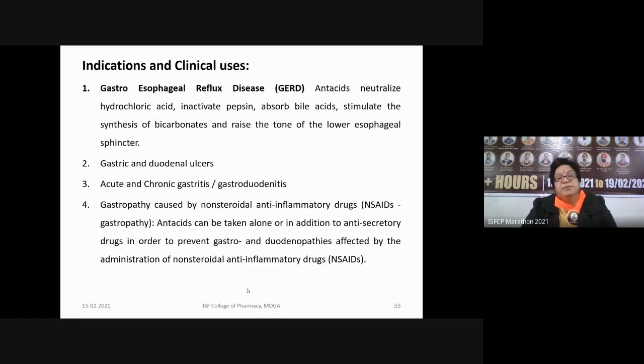So what are the uses of all these antacids we have discussed? Antacids neutralize hydrochloric acid, inactivate pepsin, absorb bile acids, stimulate the synthesis of bicarbonates, and raise the tone of the lower esophageal sphincter. So antacids cause all these effects. Second is gastric and duodenal ulcers, on which these antacids are used.